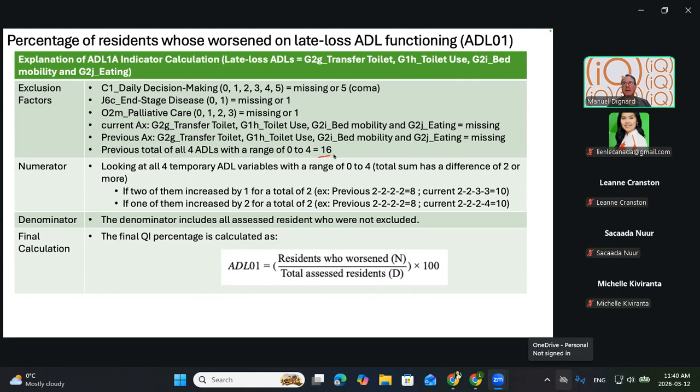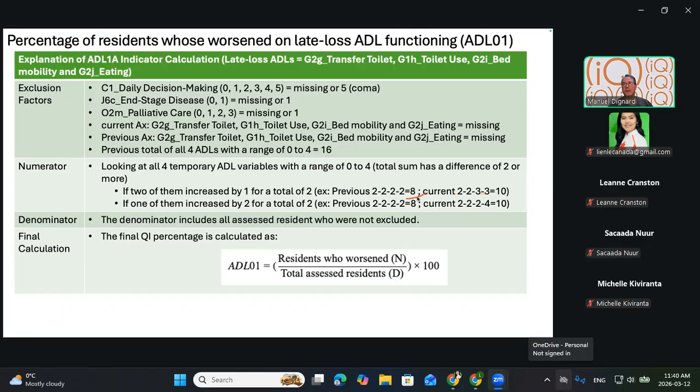The only way that someone who was 16 previously is going to impact the QI for ADL late loss here is if they improved. And this calculation is the exact opposite. Instead of going down, we're going up, right? So let's say they were 8 before because they had all twos. Now we have 2, 2, 3, 3.